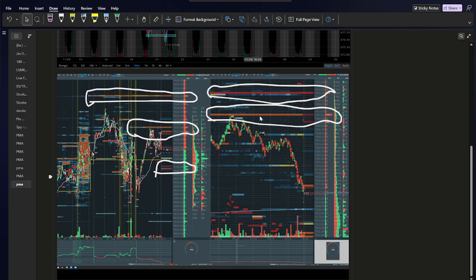So this tool shows passive participants placing their orders at a certain level, looking to buy or sell the stock. These are the prices they're willing to get filled at, and you want to take this into consideration, especially if there's a big amount of volume.